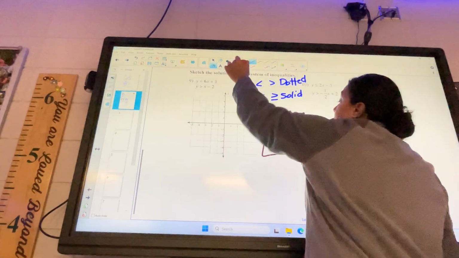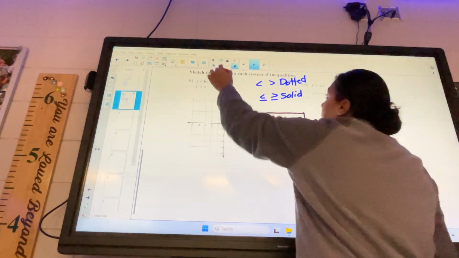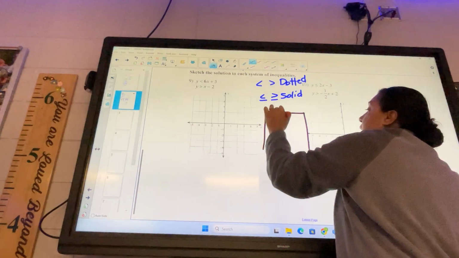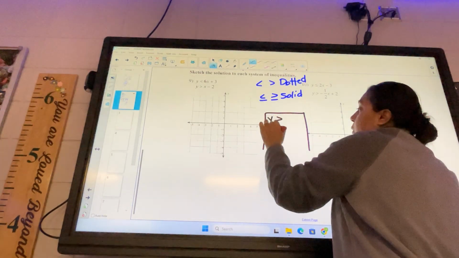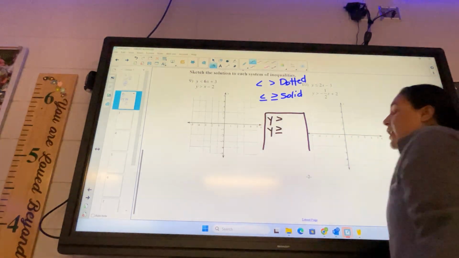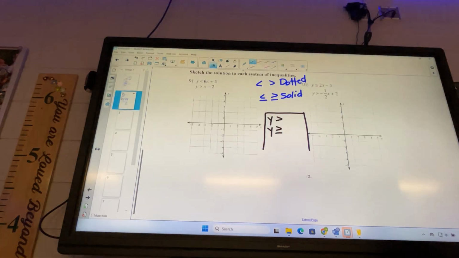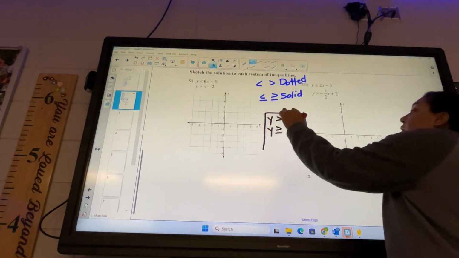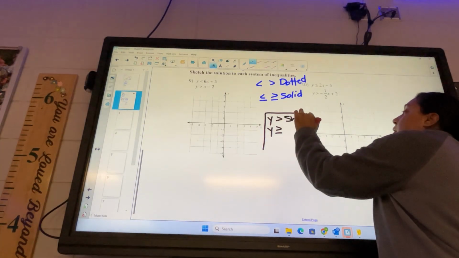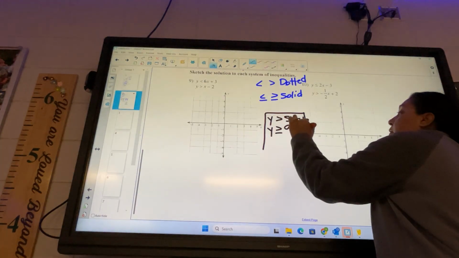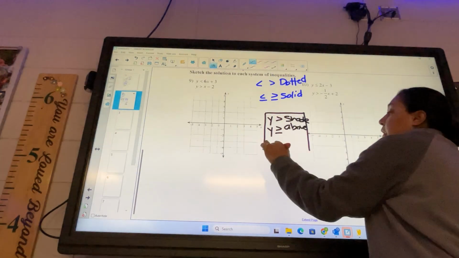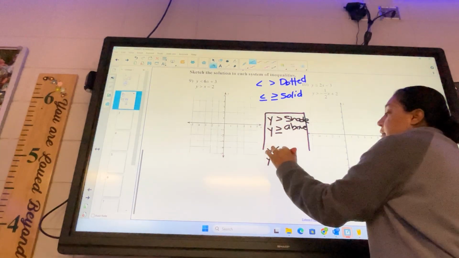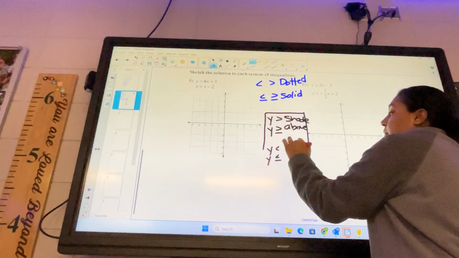If it's like this, or like this, are you going to shade above or below? This is shade above. And this one is going to be shade below.